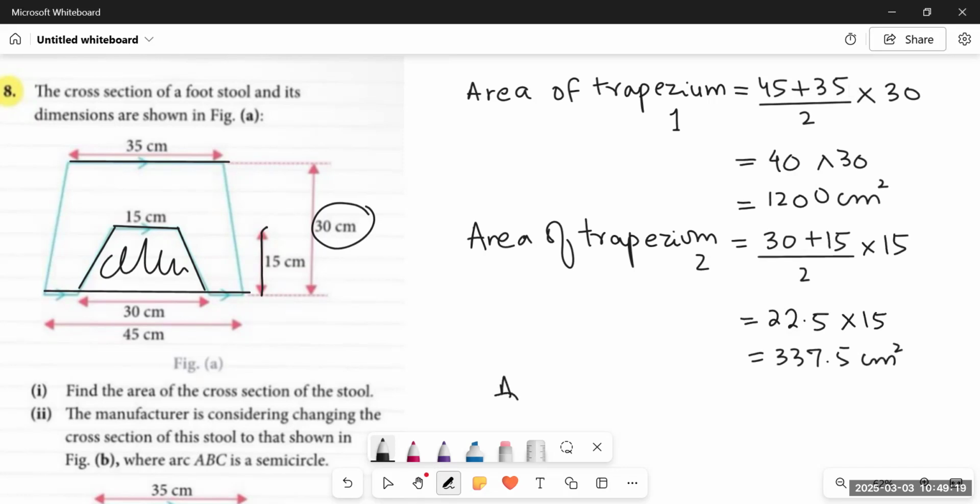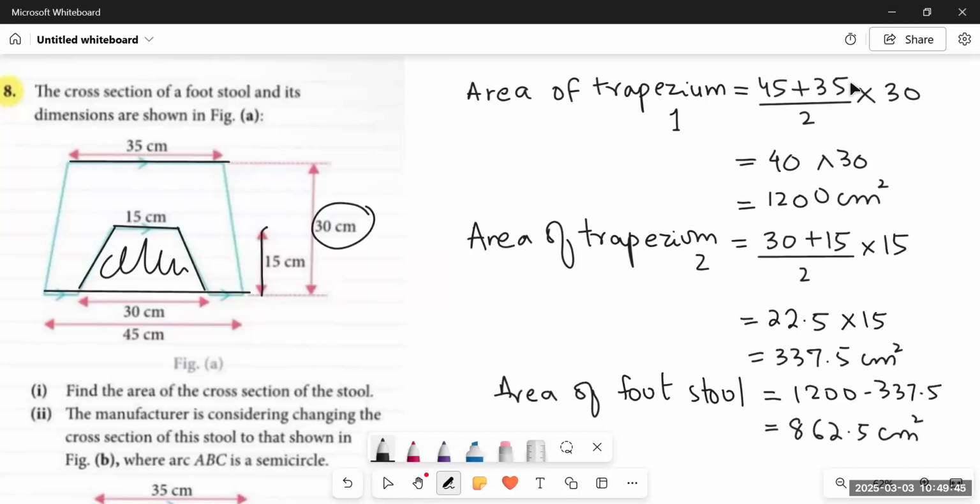So we can say that the area of the footstool would be, since the smaller trapezium is not part of the footstool, therefore we have to exclude it from the whole trapezium. It becomes 1200 minus 337.5, which is 862.5 centimeter square. So this is the area of the cross section of the stool.